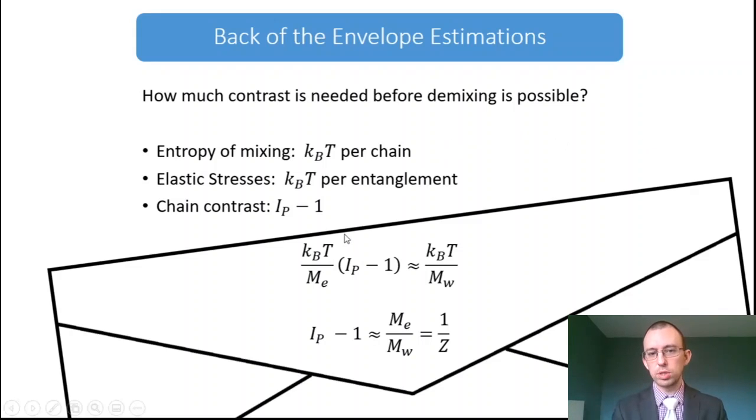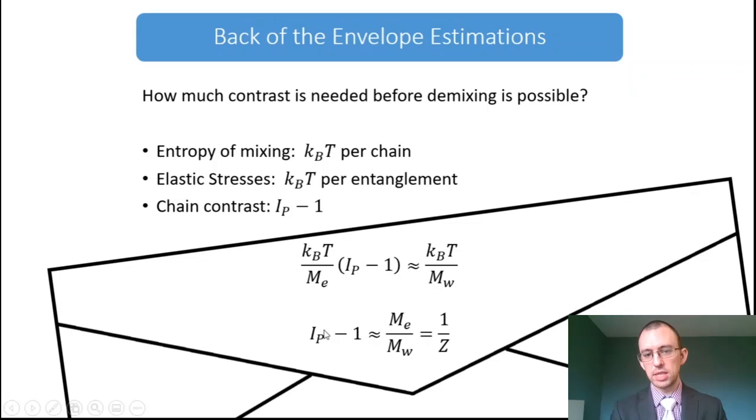So the elastic forces are going to go as kT per entanglement, where M_E is the entanglement weight, and they're going to be modulated by the excess polydispersity, so the polydispersity index minus 1. And then the osmotic forces are going to go as kT per chain, where M_W here is the weight average molecular weight. So this is an average representation of the osmotic forces driving mixing, and this is a representation of the elastic forces that might favor segregation.